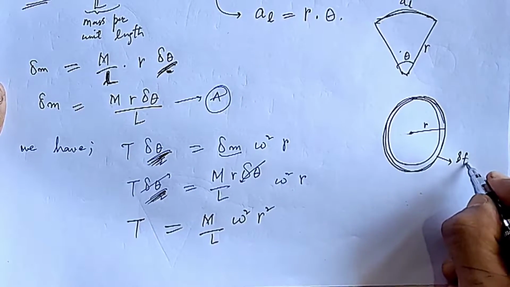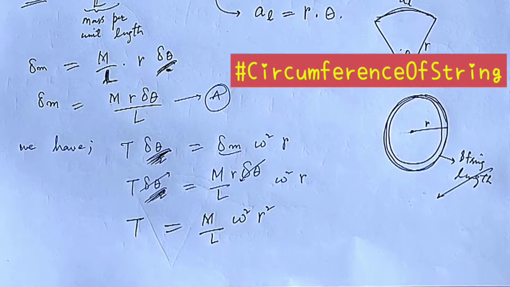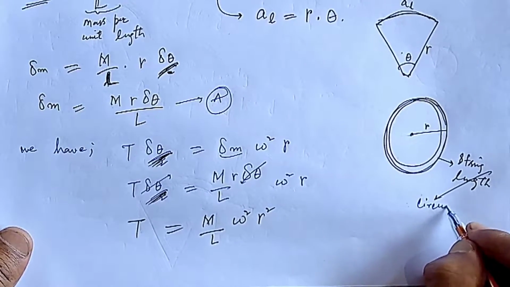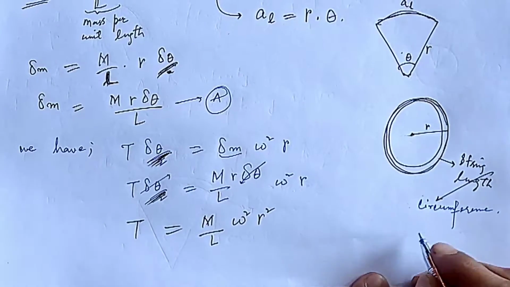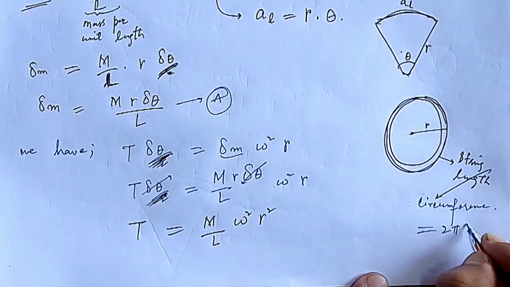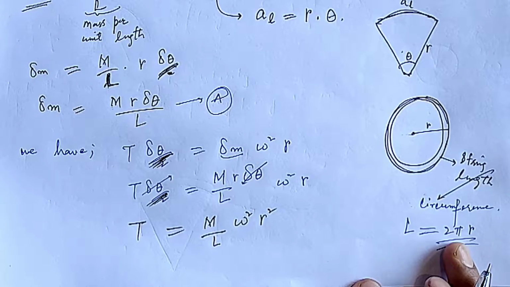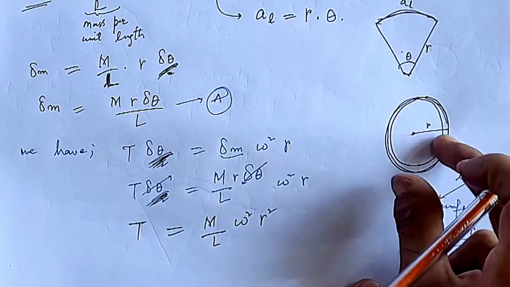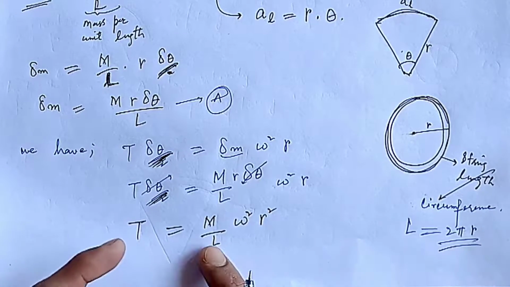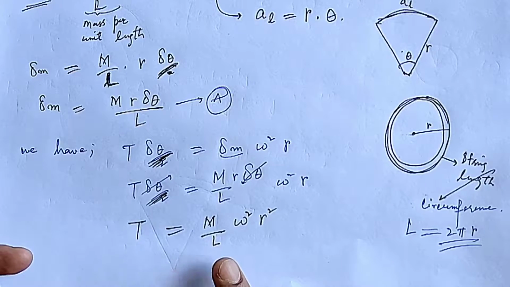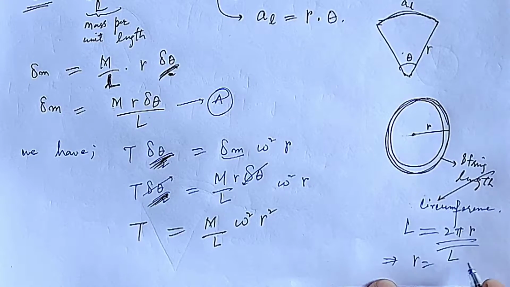So string length is actually the circumference of the circle with radius r, and that is equal to 2 pi r. Fine. So the length of the string L will be equal to the circumference of the roller, this pulley, that is 2 pi r. So that means L will be equal to 2 pi r, which in turn means R will be equal to L divided by 2 pi.